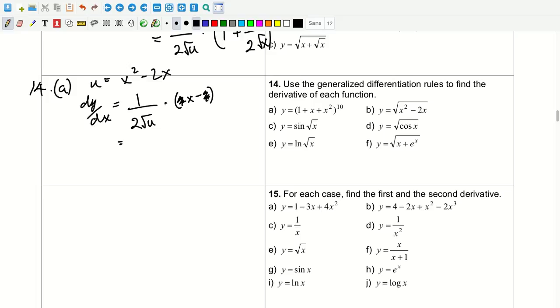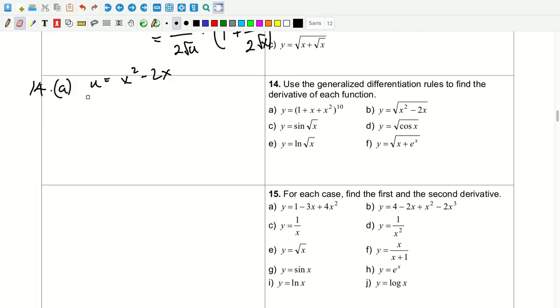So x minus 1, and boom. So this becomes x minus 1 over root u, and u is x squared minus 2x. There, x minus 1. You can rationalize this by multiplying the top and bottom by the root of this, but I just leave it. And that's that. That's part B.